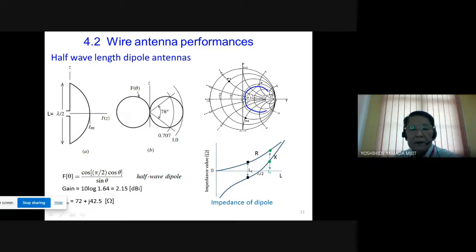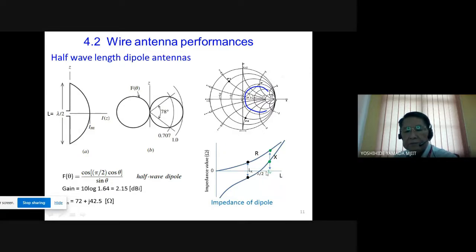So this is the resonant point. If this impedance locus is shown in rectangular coordinates, as L is changing, the resistance increases, and the reactance part becomes like this one.